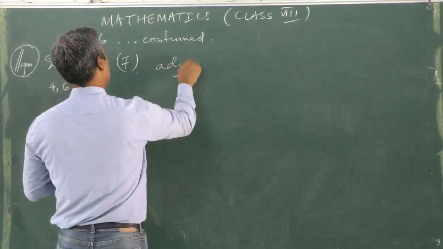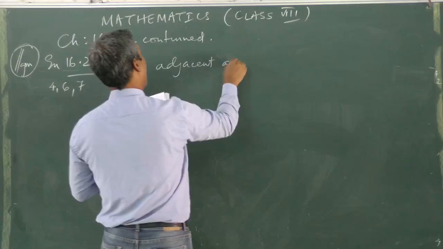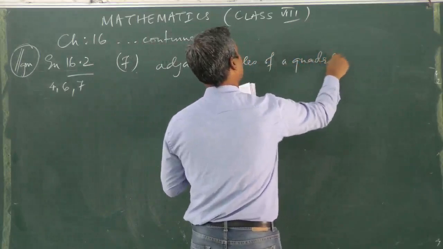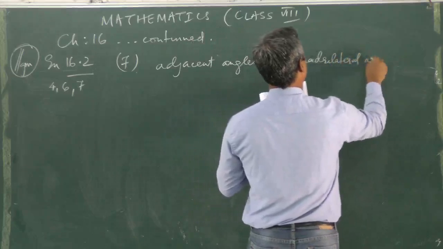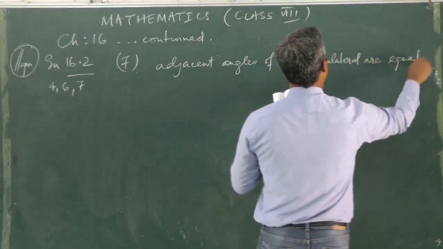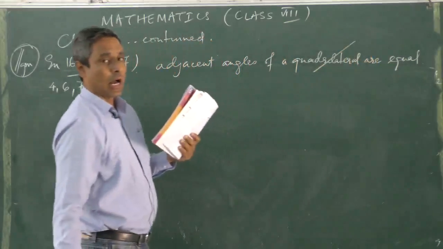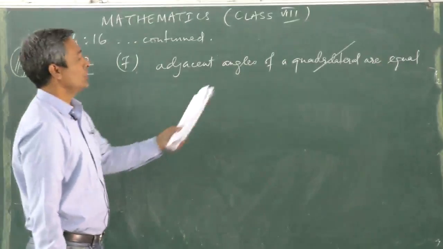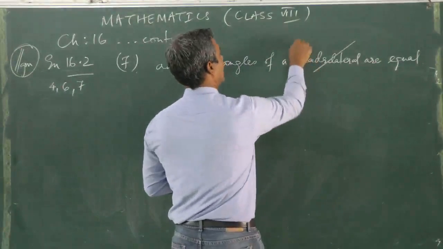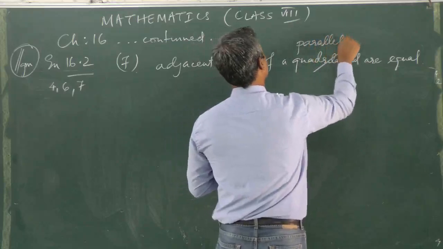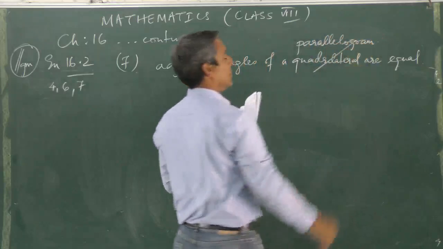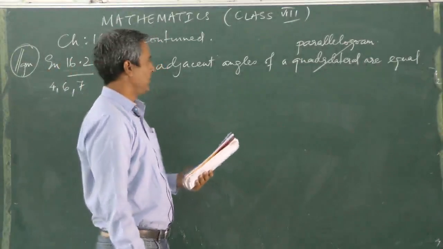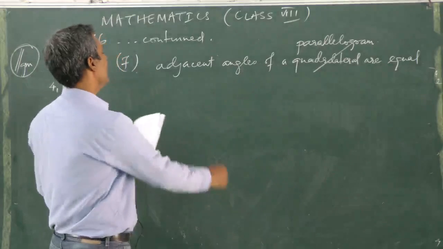Again, adjacent angles of a quadrilateral are equal. As highlighted before, I would like you to see this question a little differently. Don't just look at it as a quadrilateral. Look at this question as a parallelogram, because this exercise is on the properties of a parallelogram. So adjacent angles of a parallelogram are equal.